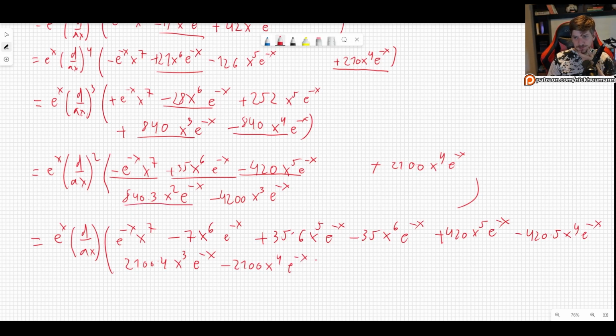Then we have this one where we get plus 840 times 6 times x e to the minus x, minus 840 times 3x squared e to the minus x, and then finally minus 4,200 x cubed. We can put a plus here, e to the minus x, and the last part is 4,200 minus 4,200 times 3x squared e to the minus x.